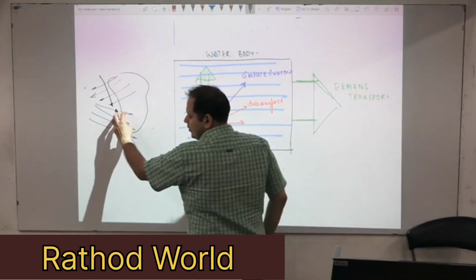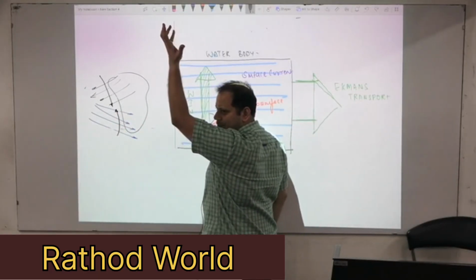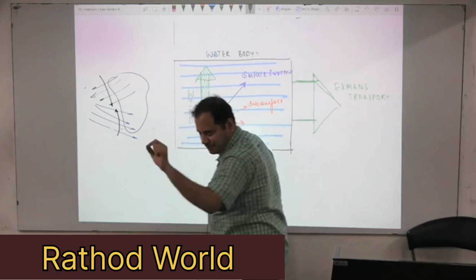And when they come near the coast, they will upwell or downwell. That is the next point.